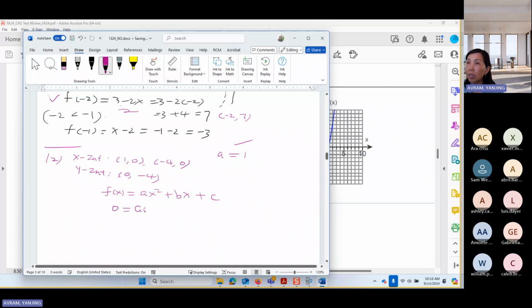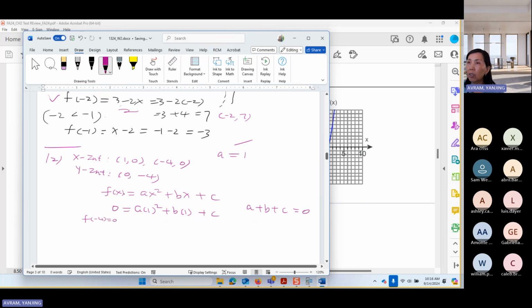So this will be a times 1 squared plus b times 1 plus c, or just a plus b plus c equal to 0. So I already have a first equation. Then the second equation: f of negative 4 is 0.